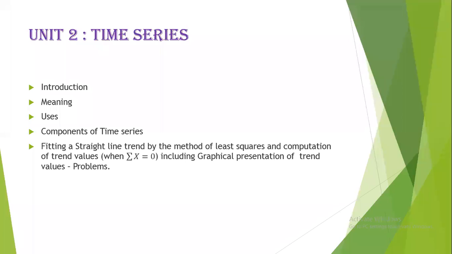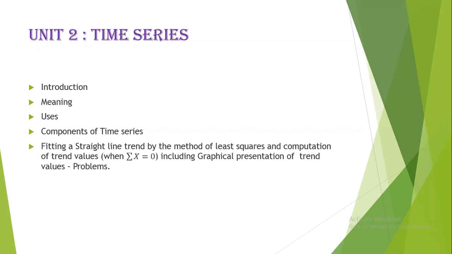For 2011, 12, 13, 14, 15, 16, 17, 18, 19, 20, what is the profit position of the company? The past 10 years, what is the profit position of the company? And after that, for the profit position, we use this time series technique. In this time series, we use the method called the least square method.